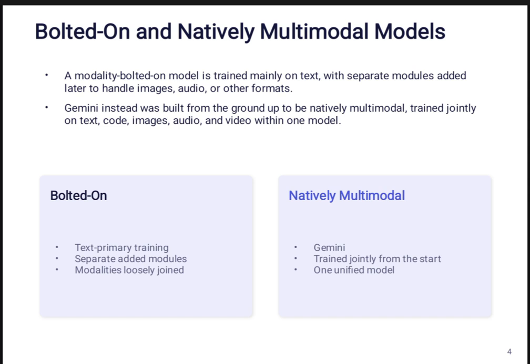Gemini instead was built from the ground up to be natively multimodal, trained jointly on text, code, images, audio, and video within one model. Bolted-on: text-primary training, separate added modules, modalities loosely joined. Natively multimodal: Gemini trained jointly from the start, one unified model.